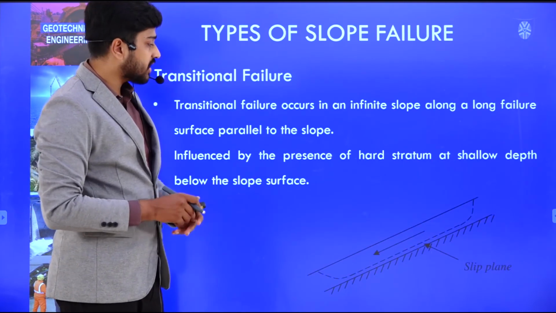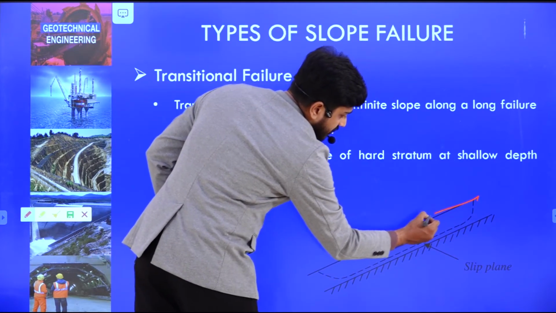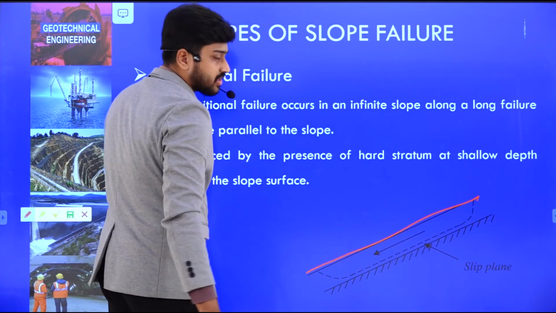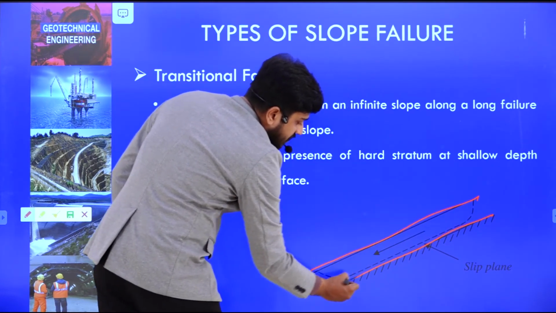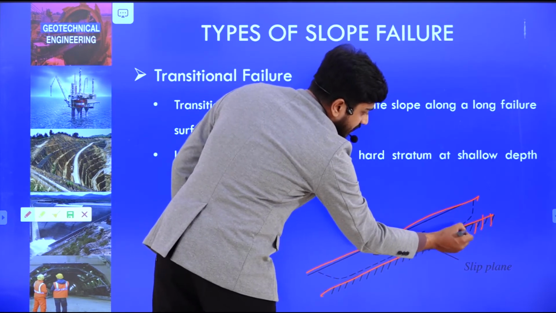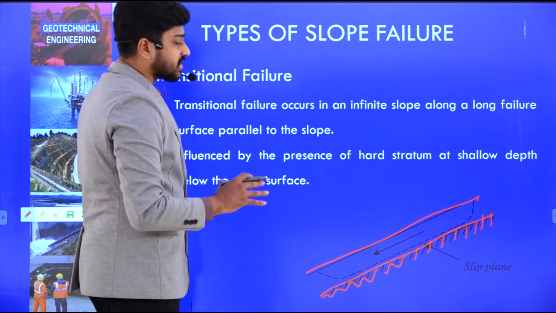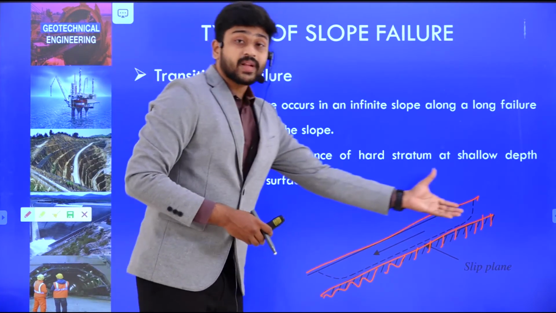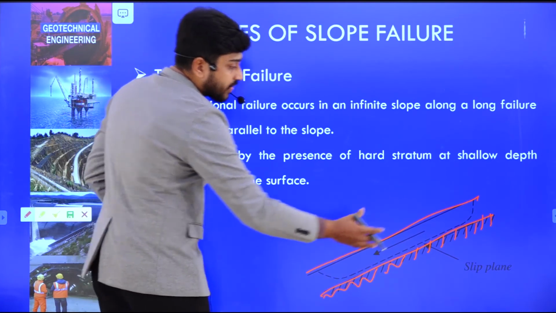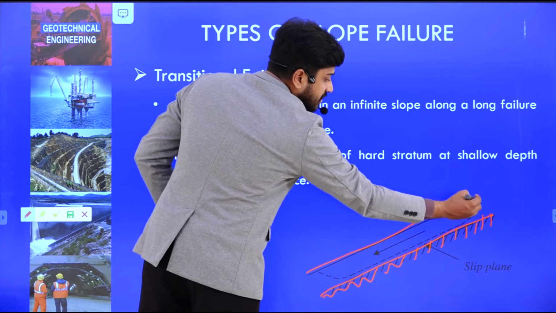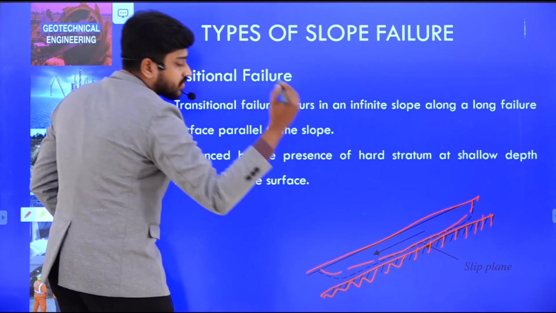If you look at this particular diagram, imagine this is the actual ground surface, and there is some hard stratum present up to an infinite length, say. In such cases, what will happen? This soil may try to slide down and a failure may occur in this manner.